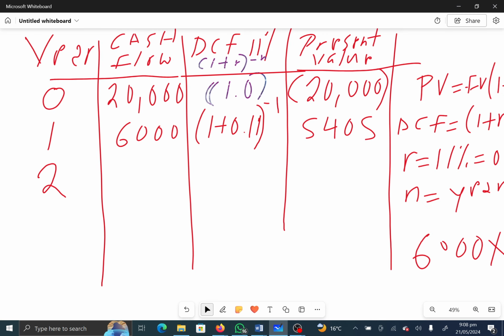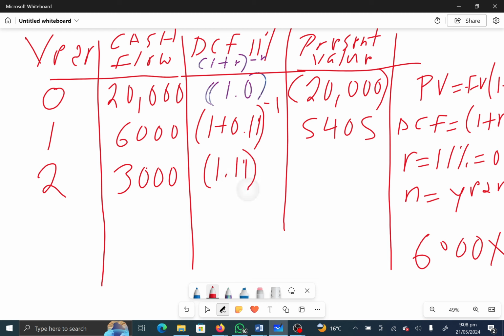Yes, so in year 2 our cash flow is 3,000. Then our discounted cash flow is 1 plus 0.11, which gives you 1.11. Since we are now in year 2, it becomes to the power negative 2. So 3,000 multiplied by 1.11 to the power negative 2. What are we getting?